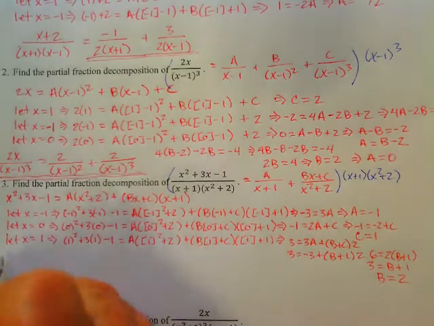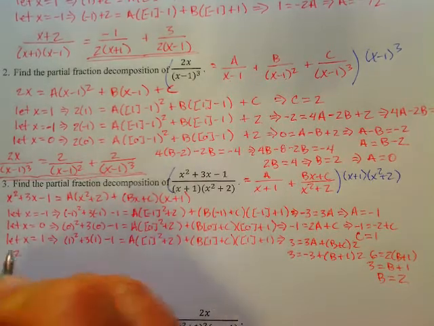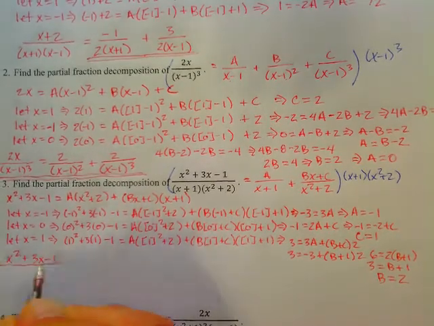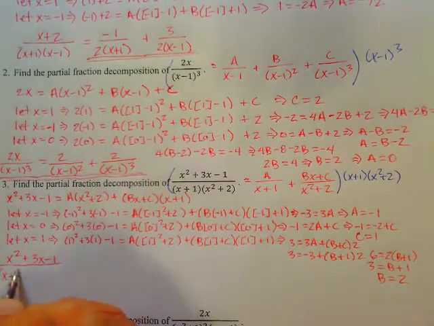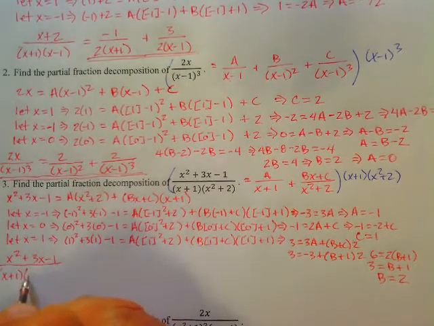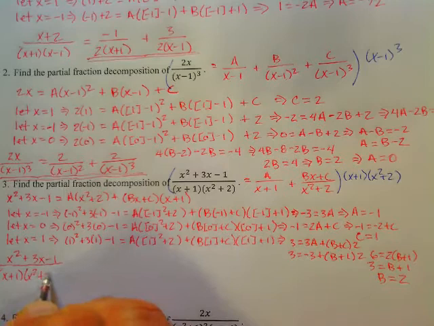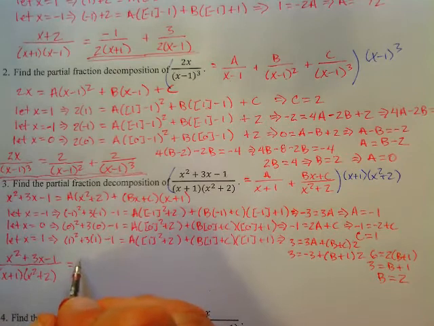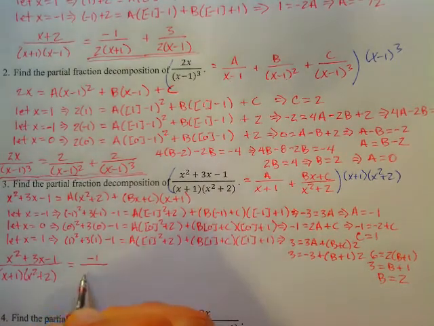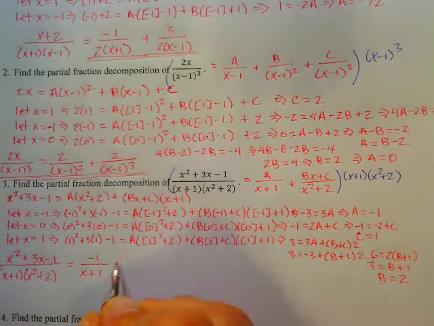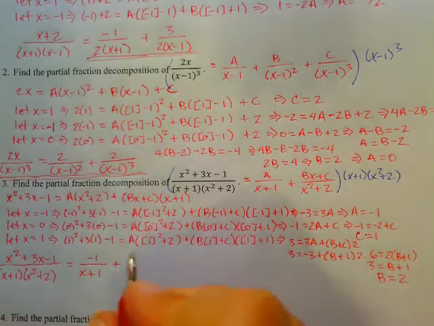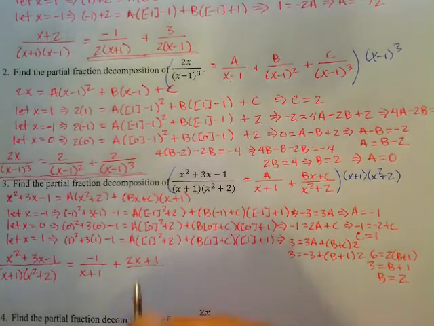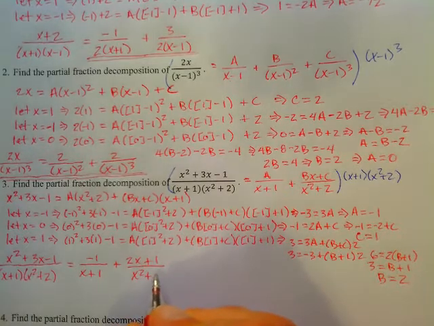And so x squared plus 3x minus 1 over x plus 1 over x squared plus 2 decomposed into a was -1, so -1 over x plus 1 plus b was 2, so we're going to have 2x plus 1 for c over x squared plus 2.